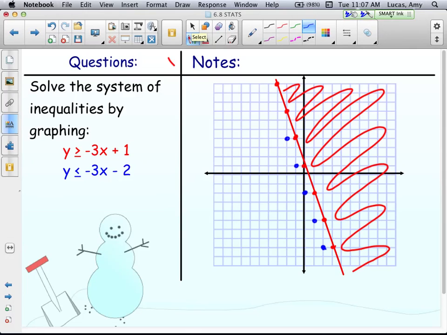So, what's going to happen on this one? We have parallel lines here. I'm going to draw my line. Now remember, this one's a less than or equal to. So less than or equal to this line would be below this line.